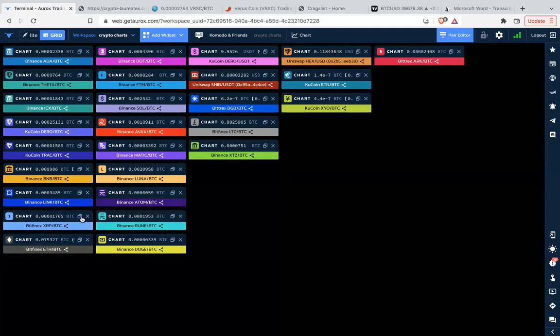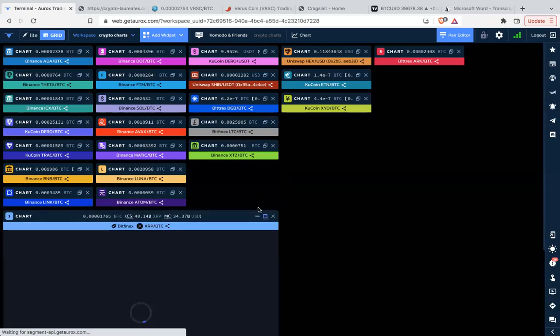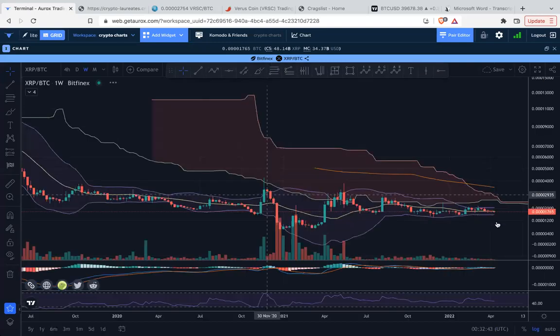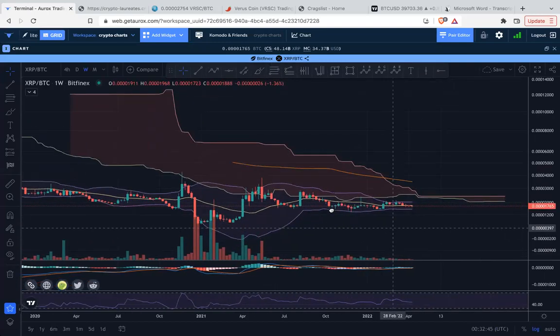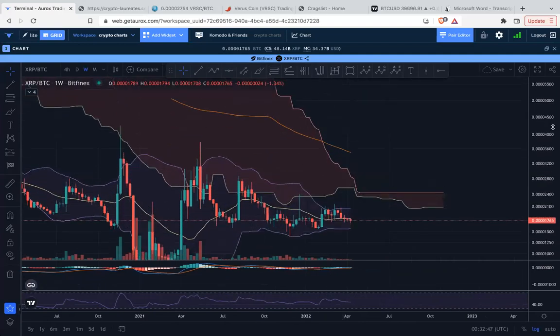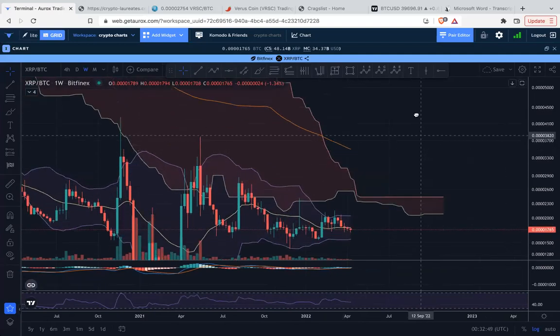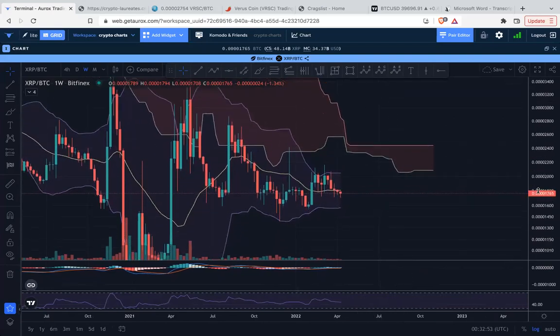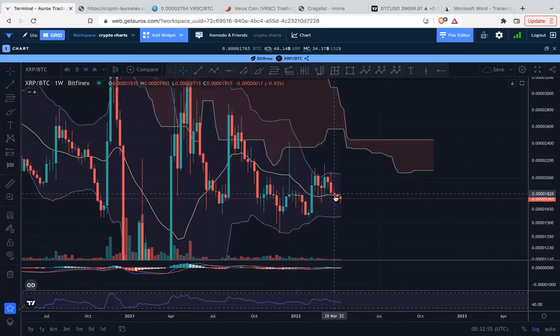Next, XRP. Let's just take a look where we are in relation to that Ichimoku cloud and the Bollinger Band and the 20 weekly moving average weakness. We are seeing weakness because the price tried to hold, but it couldn't at that 20-week moving average after rejecting at the top of the Bollinger Band.